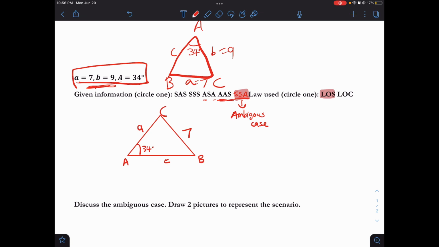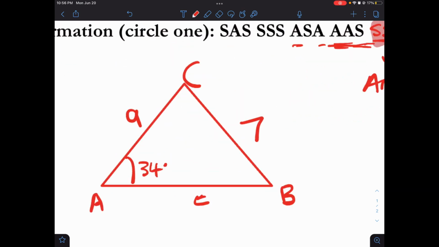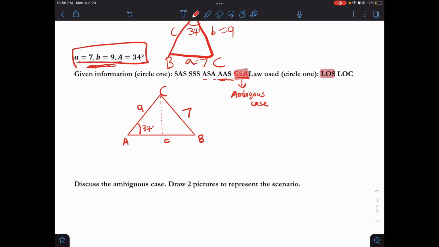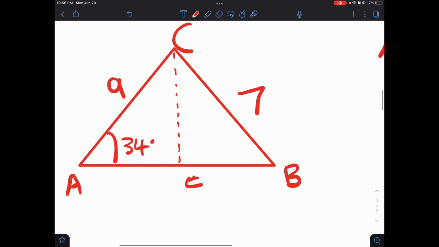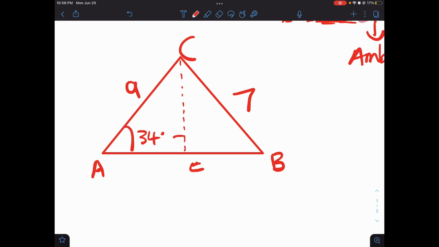If we're given that, you're still going to use the law of sines to find all the values. But this time, we get to use a little bit of trig. To figure out how many different triangles can be made from this particular triangle, we drop a height right there, and then we solve for this side, which we call h.